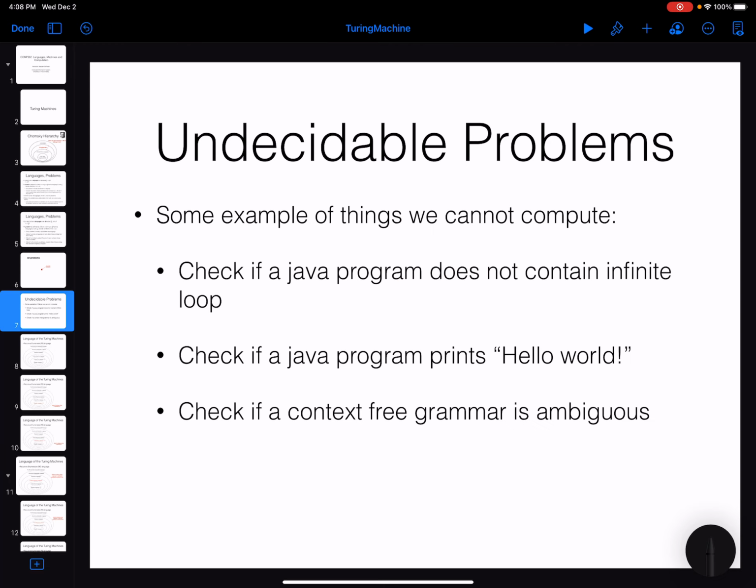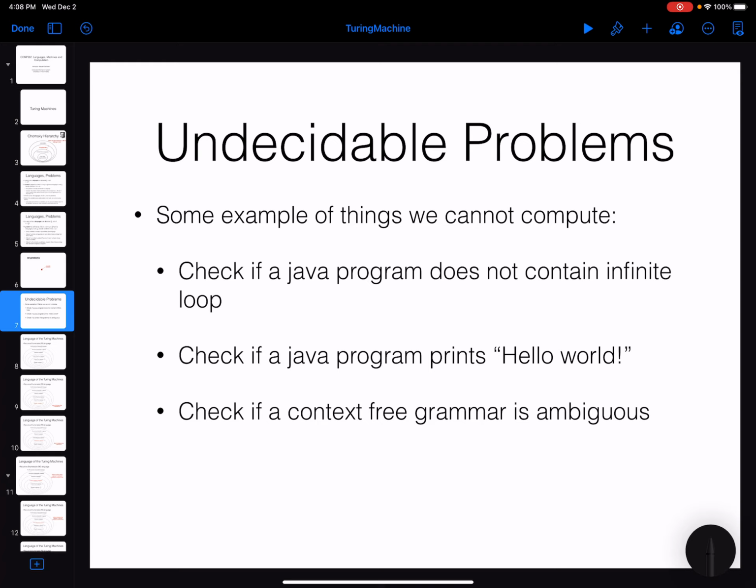So a couple of examples of undecidable problems are, for example, checking whether a Java program is going to have an infinite loop or not. Okay, this is something undecidable. You cannot write a program that you pass a Java program to, and it can check and tell you that this Java program is going to be trapped in an infinite loop for some input.